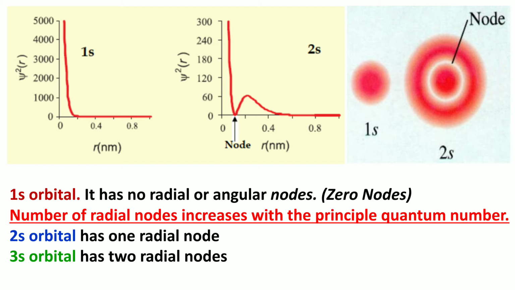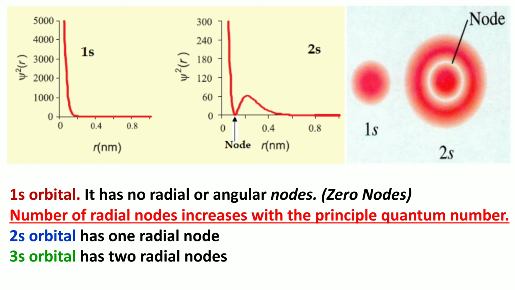So in general, it has been found that the ns orbital, where n is the principal quantum number, has n minus 1 nodes. That is, the number of nodes increases with increasing principal quantum number n. There are no angular nodes for any s orbital, like 2s orbital or 3s orbital.